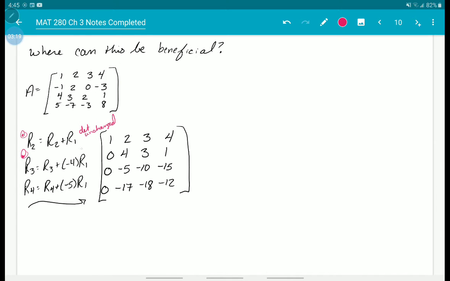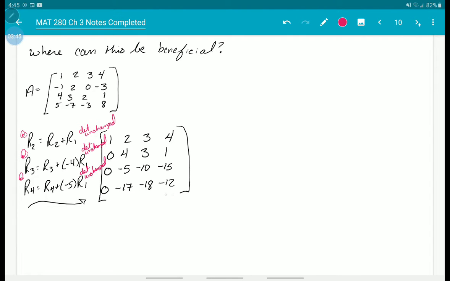So once again, the determinant's unchanged. And then row 4 is going to be the same way because it was replaced with row 4 plus negative 5 times row 1. So in each of those steps, the determinant was unchanged because of the row operation we chose to use there.